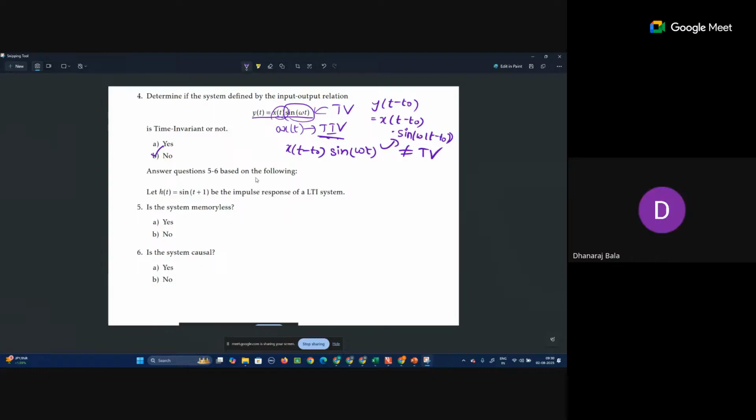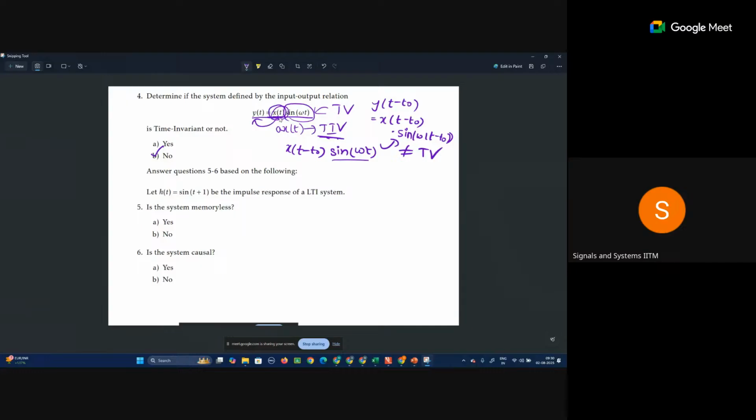In the sine term, on the left hand side, shouldn't it also have omega multiplied by t minus t naught, because we are delaying t? No, it's not like that. If we shift some quantity in the input, it should reflect in the output as well.